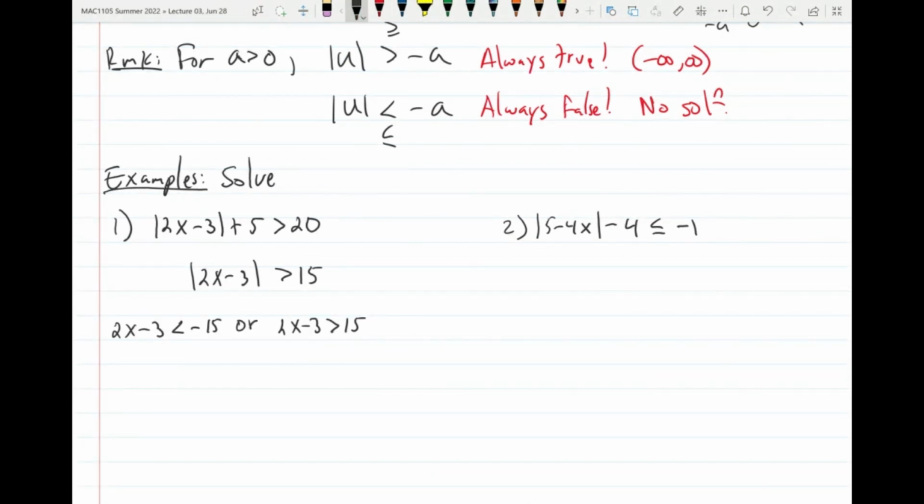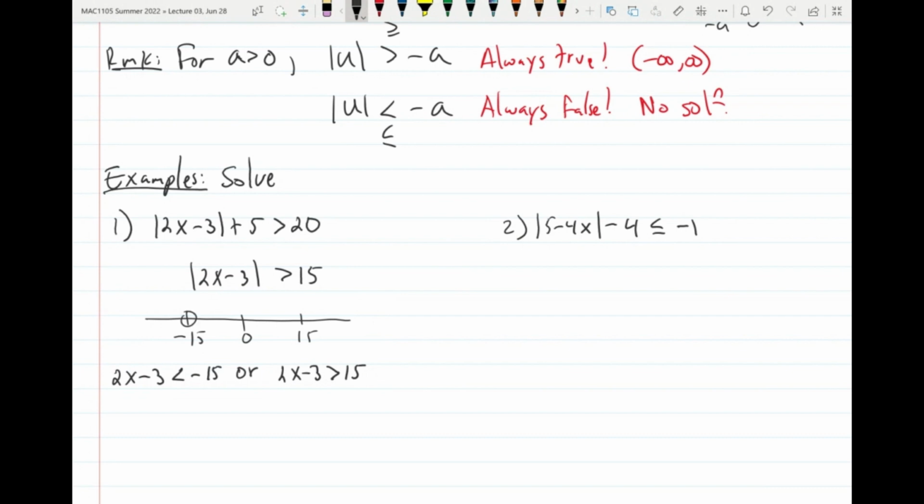Do you understand this? Again, if you don't remember this property for some reason, just draw the picture. Let's say that you don't remember the property that we did above, just draw the picture. Because there is a 15 there, you're going to have it here, and then you also need to consider negative 15.